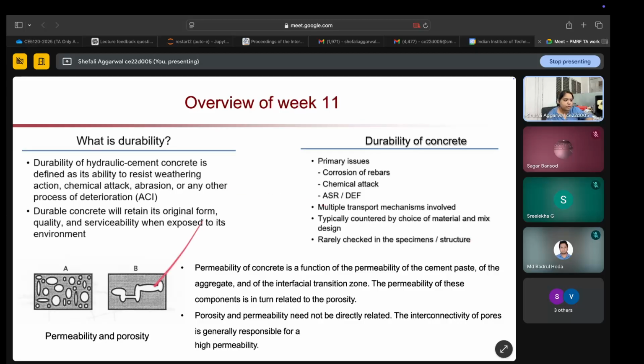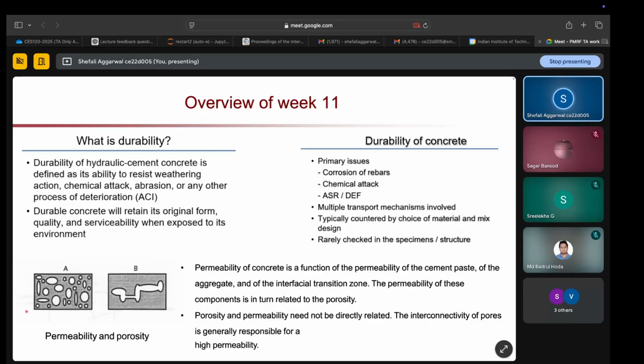The first and foremost type of durability issue is permeability and porosity. Permeability of concrete is a function of the permeability of cement paste, aggregate, and the ITZ, interfacial transition zone.